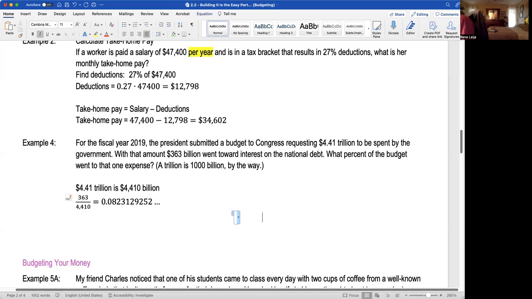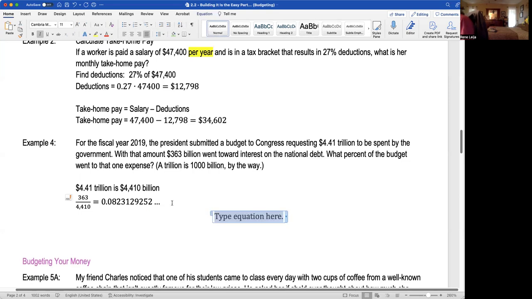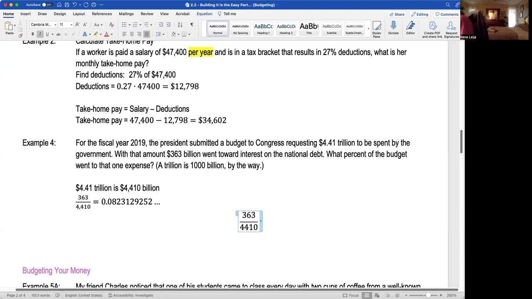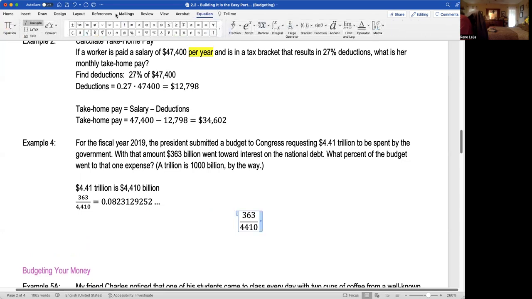So what we're going to do is we're going to have to approximate that amount. Okay. All right. So approximately. Now I'm going to round this to the nearest tenth of a percent.